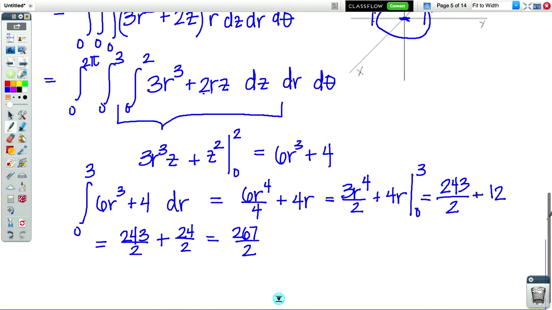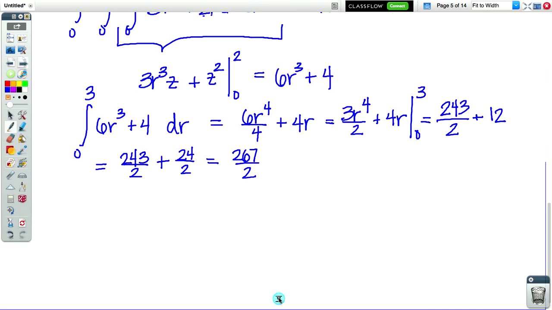And now I'm going to do my last integration. Hopefully I haven't made any terrible typos. My answer is supposed to be 279 pi, so we'll see if we get there. So now I'm integrating from 0 to 2 pi. Oh wait, yeah, no, I'm not going to get there. Okay, 267 over 2.